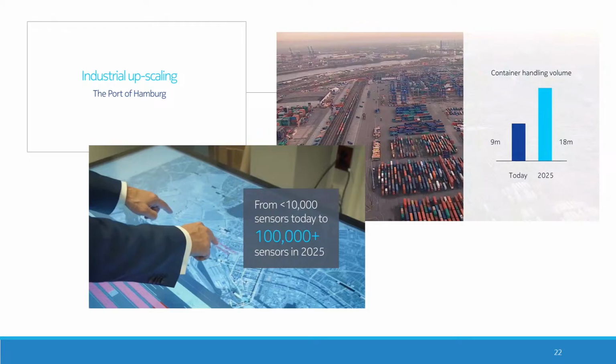But how can they do that? Because they increase the sensors from 10,000 to 100,000. But how can they do this? If we think of 5G, you may think, oh, we have devices and a SIM card, so we put the 5G devices on all containers.